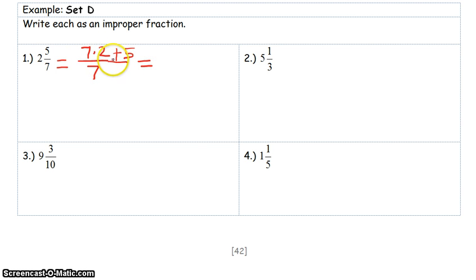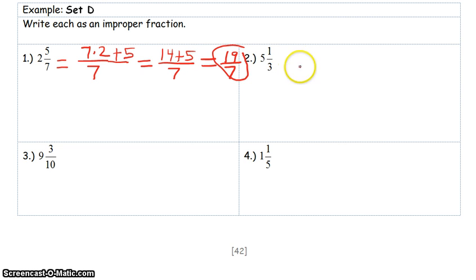Now using our order of operations, we would take 7 times 2, which is 14, plus 5, divided by 7. 14 plus 5 is 19, divided by 7. So our final answer here is 19 over 7.